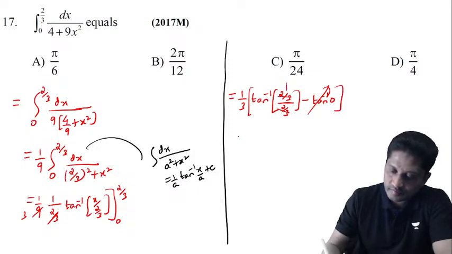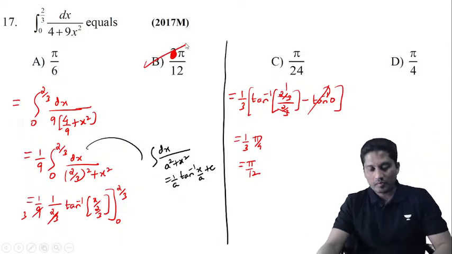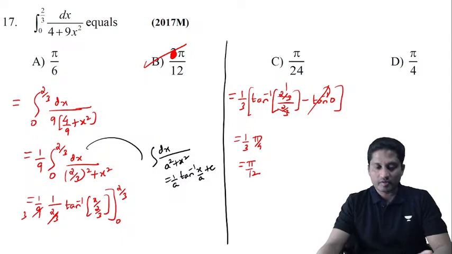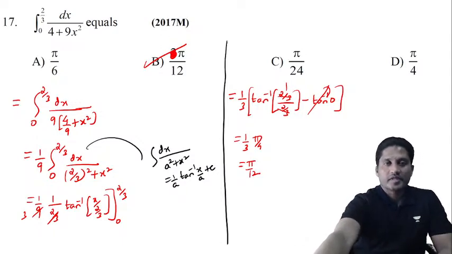Tan inverse of 1 is pi by 4. 1 by 3, this is pi by 4. You will get pi by 12. Right, answer is pi by 12 only. 1 upon 3 tan inverse of 1 is pi by 4. Yes, answer is B. Right, answer is pi by 12, guys. Let's move to the next question.